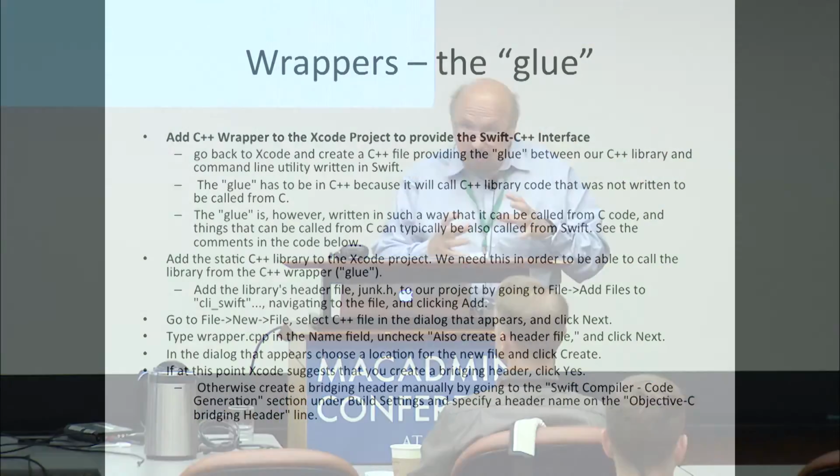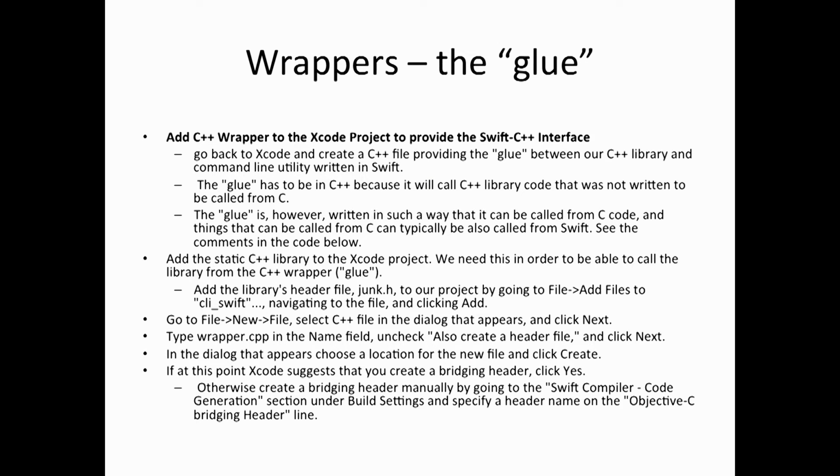You have to add a C++ wrapper to the Xcode project. That's not too bad either, because the C++ code, as I mentioned inside the main title, is called the glue. This is what holds your external code and puts it into Swift. It's written in such a way from C code, and things that can be called from C can typically also be called from Swift. So you add this as a static library. What that means is that nothing goes in, nothing changes.